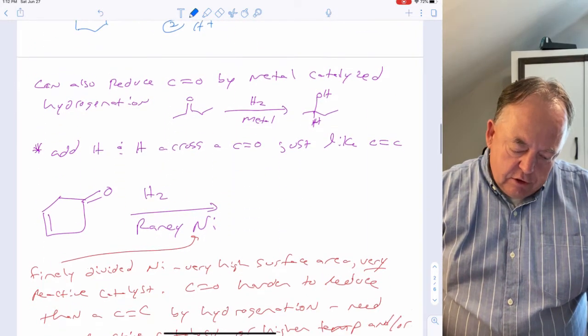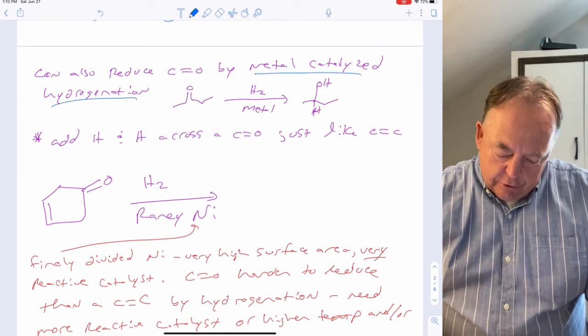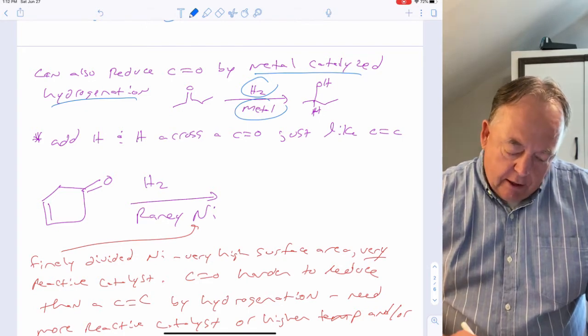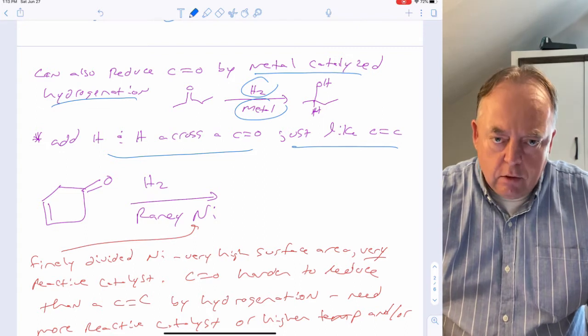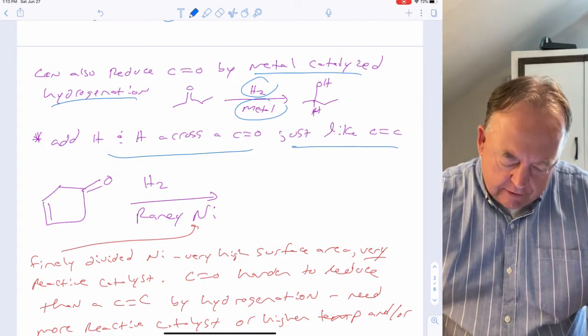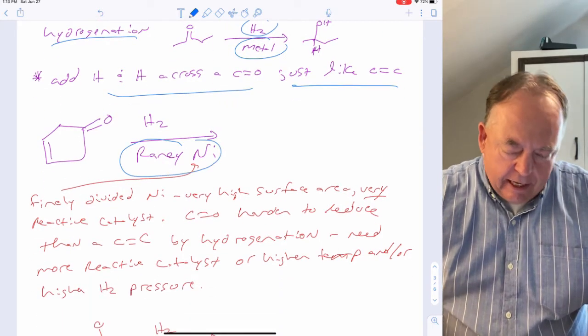Okay, so you can also reduce C double bond O's by metal catalyzed hydrogenation. So you can take H2 and some metal catalyst. So you can add hydrogen across a C double bond O, just like in chapter 8 we looked at how you can add hydrogen across a C double bond C. It works the same for C double bond O's. You just typically need a better catalyst.